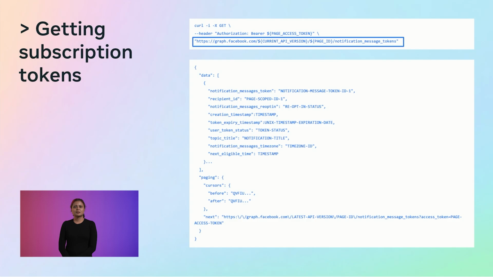On success, your app will receive the JSON response shown in the slide, which includes the following: notification messages token equivalent to subscription token, recipient ID equivalent to page scoped ID, time when the token was created, title for the notification, and more.